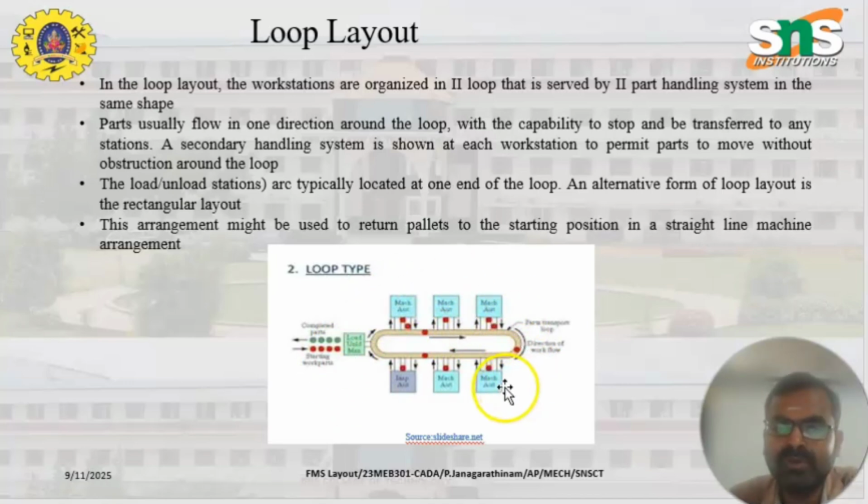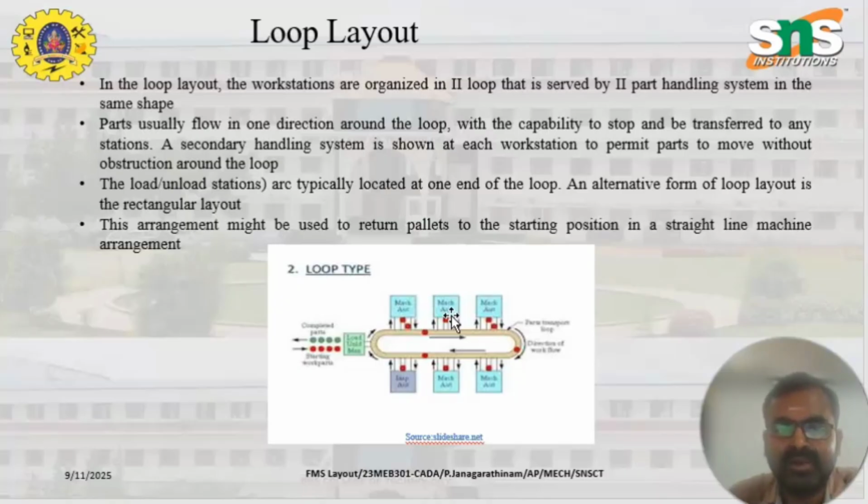The workstations are organized in a loop that is served by the material handling system. Here we arrange two loops: one is for the different kinds of workstations, and the other is for the material handling system. Combining these two parts, we carry out the machining process.